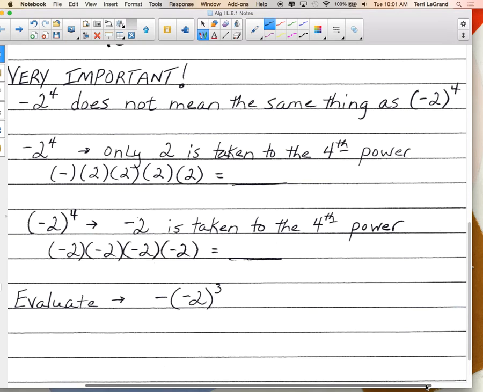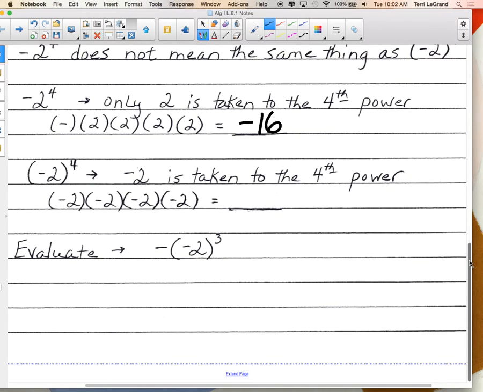So this is actually saying the opposite of 2 to the 4th power. The negative sign is its own thing: the opposite of 2 times 2 times 2 times 2. Well, 2 times 2 times 2 times 2 is 16. And the opposite of 16 is negative 16. Just like your calculator said, right?